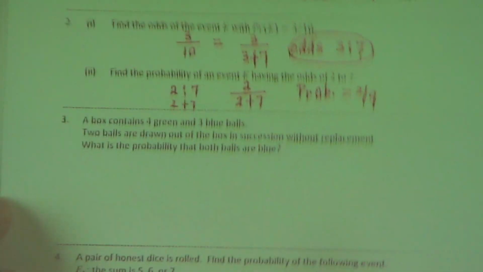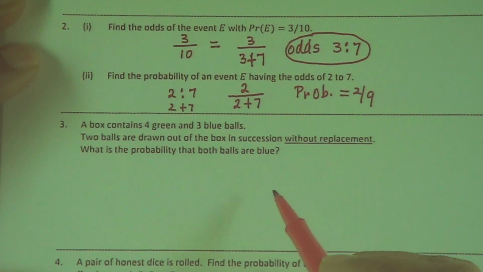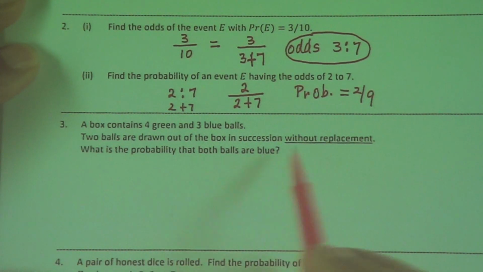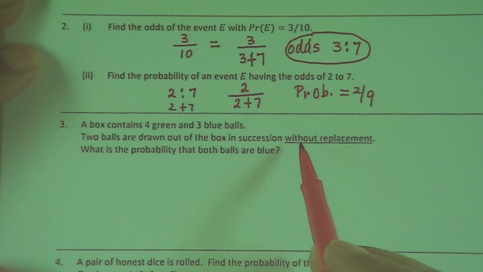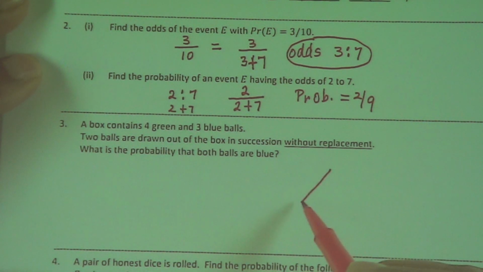All right, number 3. So we have a box that has 4 green and 3 blue balls. We're going to select 2 without replacement. So let us make a tree diagram. There are only 2 colors, green and blue.